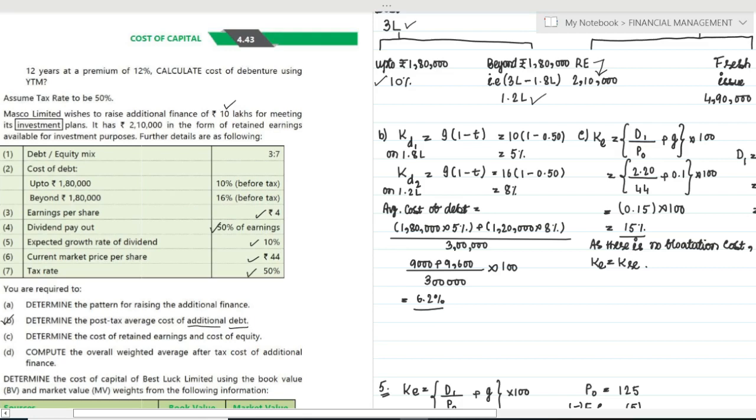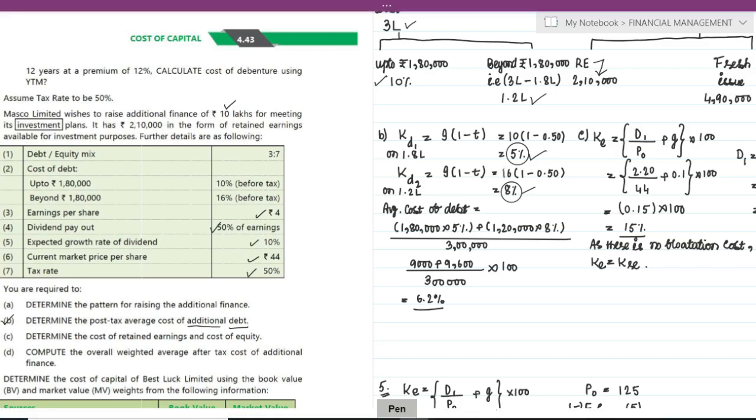So cost of debt for 1.8 lakh will be 5%, and for remaining 1.2 lakh the cost of debt will be 8%, and for cost of debt of rupees 1.8 lakh is 5%, and average cost of debt is 6.2%.